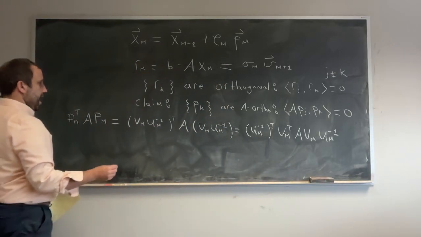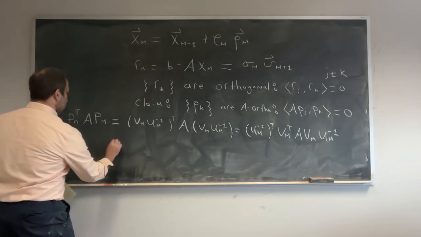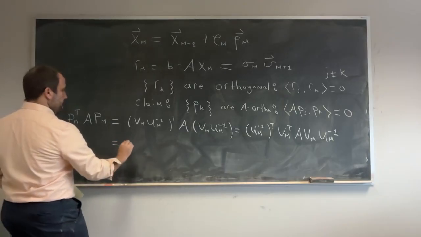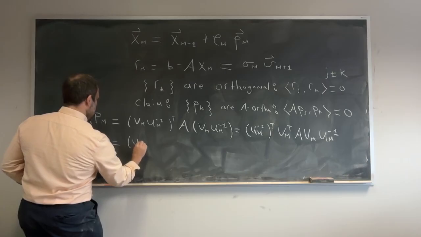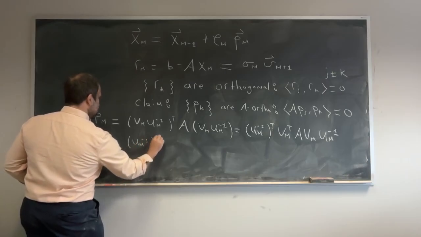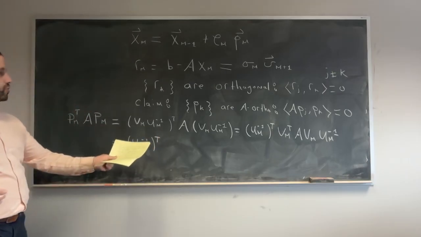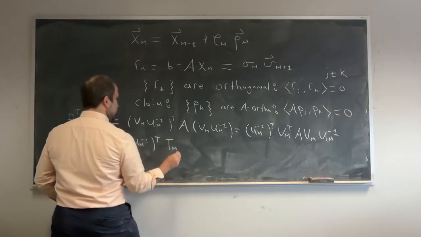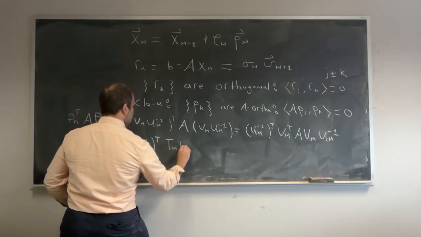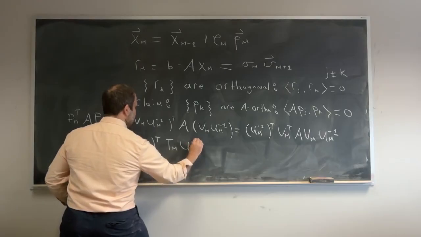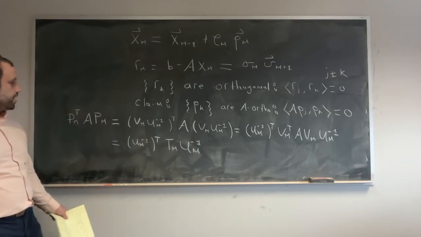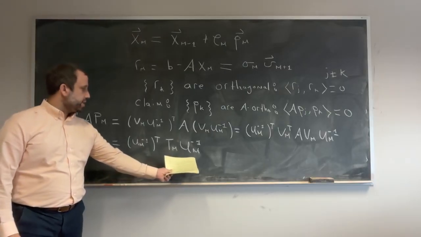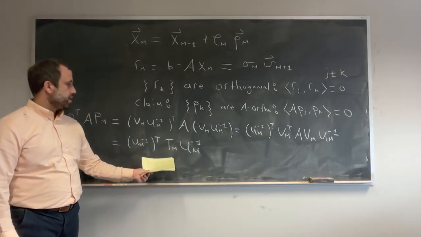So then we're going to have our UM inverse transpose, and then VM transpose AVM is just equal to TM, and then we multiply by UM inverse.